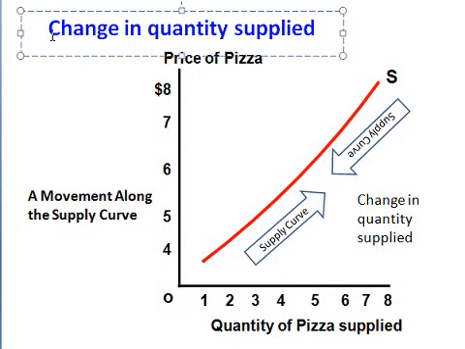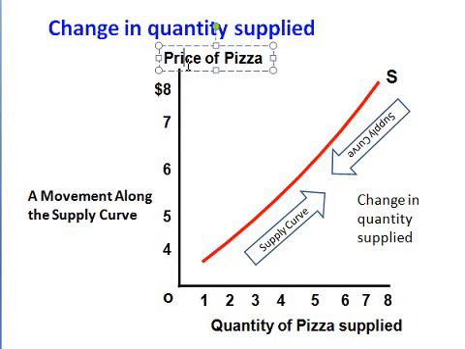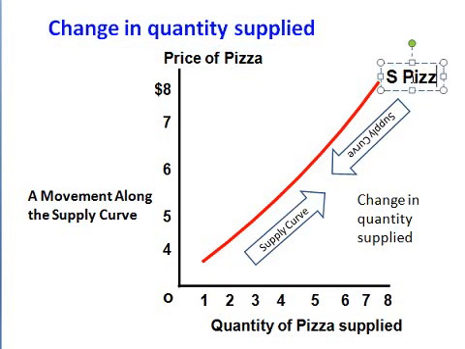So this one is the change in quantity supplied. Suppose here I take the price of pizza. This one is the price of pizza, this one is the quantity of pizza supplied, and this one is the supply of pizza. I can call it the supply curve of pizza.